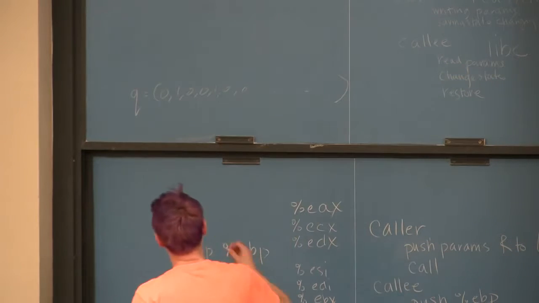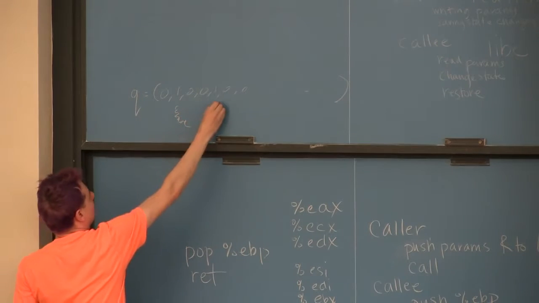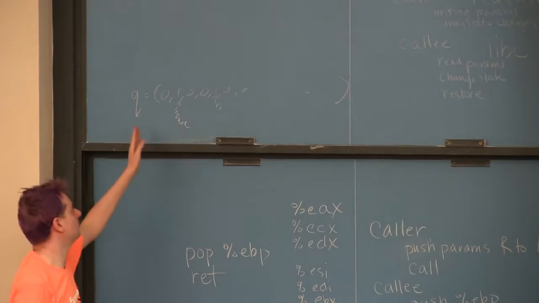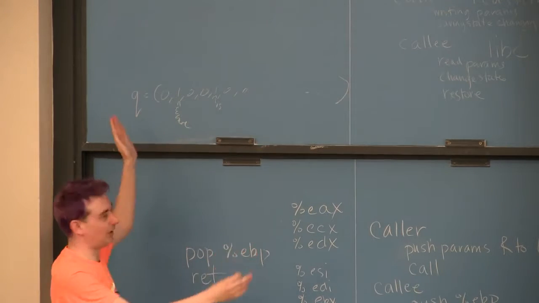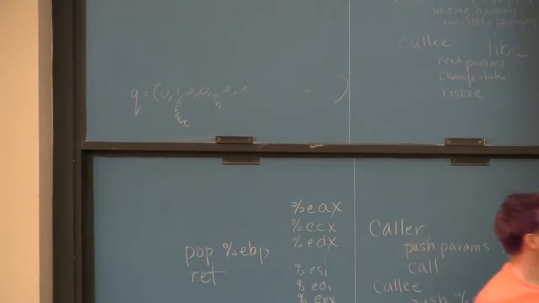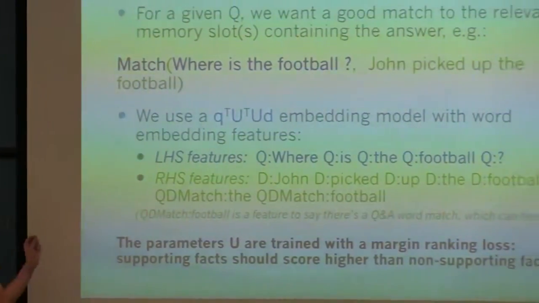So let's say this is the word where, and this is the word is. You're defining a sparse vector with just 5 non-zeros in Q.